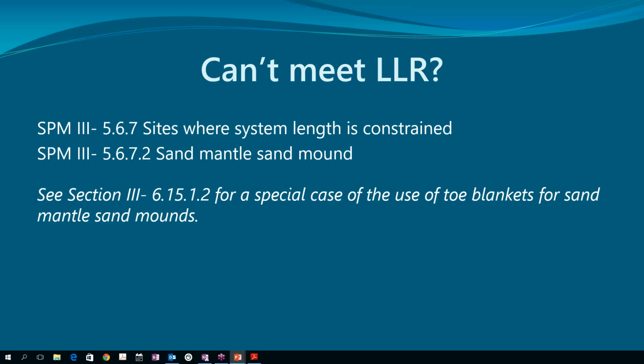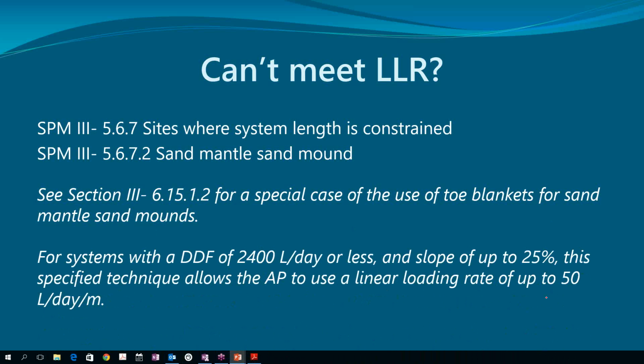And in that case, we can use a linear loading rate of 50, which back in our example was a lot better than 35 or whatever it was. So a sand mantle, sand mound allows us to use a linear loading rate of 50 if the underlying soil had a less favorable loading rate, like 35 or 40 or something like that. So that's a fairly helpful change.